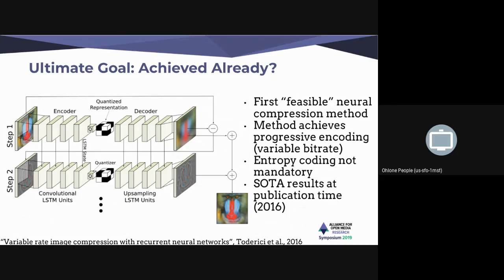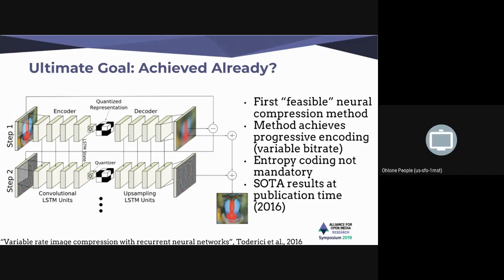This is one of the first post-AI winter compression papers I'm aware of. We started working on it back in 2014. And basically, it was a method that promised to do everything. In fact, it promised to even replace things like arithmetic coding.